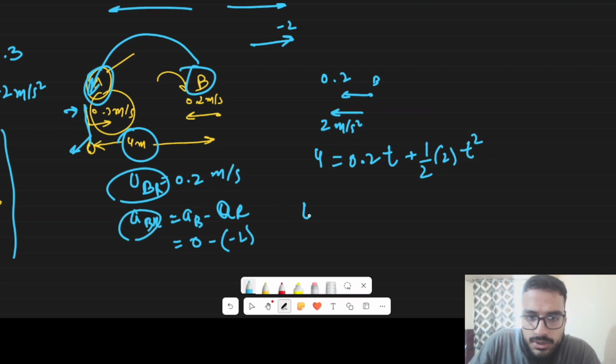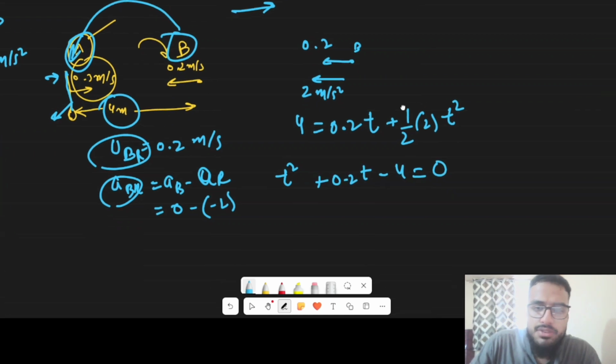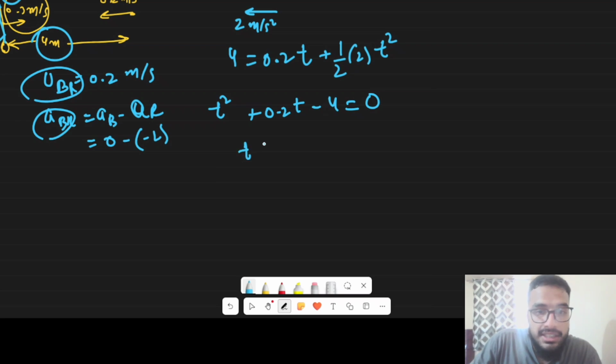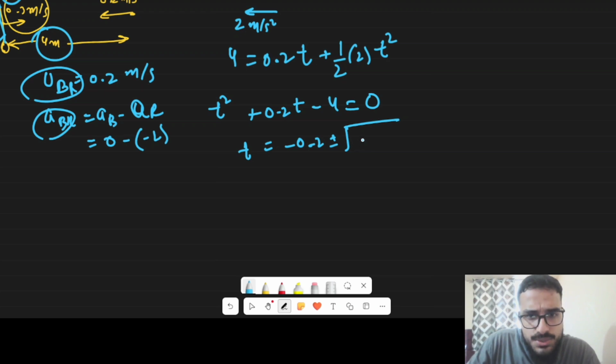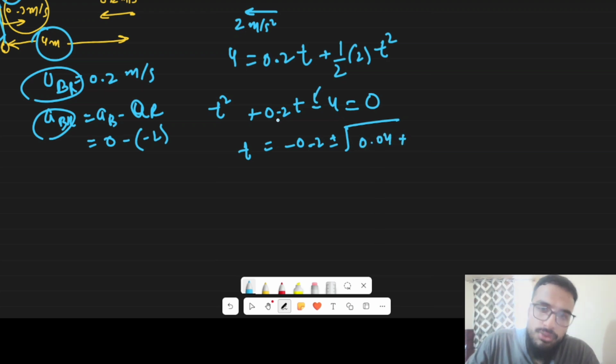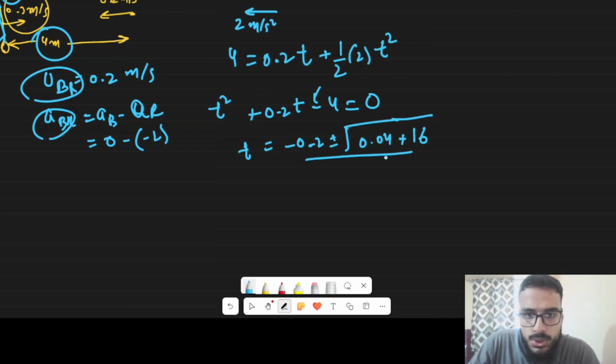So from here you get an equation, T square plus 0.2 T minus 4 is 0. If you solve this quadratic, you will get the value of t as minus b plus minus root of b square, that is 0.04 minus 4ac, so one more minus, so plus 4ac is 16, divided by 2a.